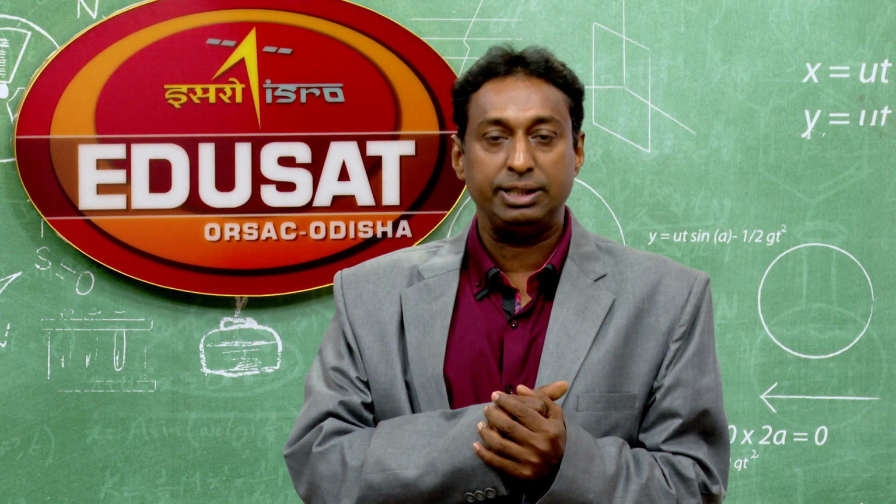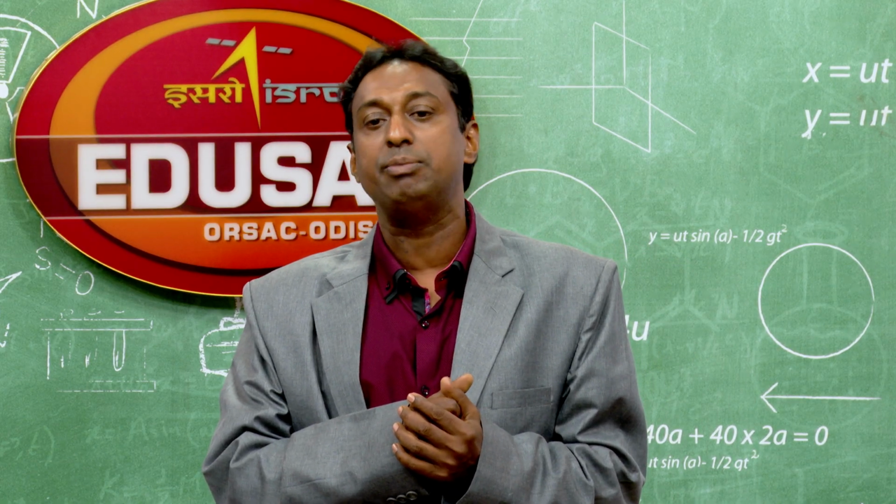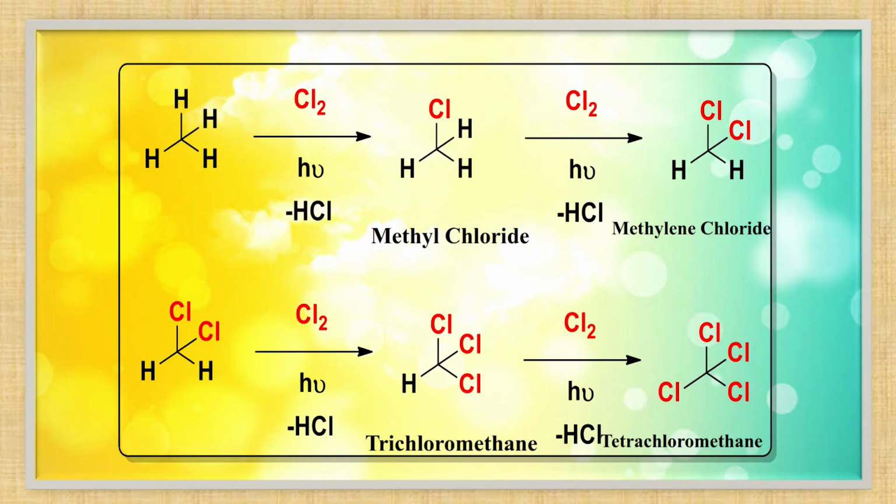Before that, remember students that this reaction is a chain reaction, meaning the reaction will not stop at the methyl chloride stage, it will undergo further reactions. Look at the slide. Once you get methyl chloride, one more hydrogen is replaced by one more chlorine atom by the similar process to get methylene dichloride or dichloromethane.